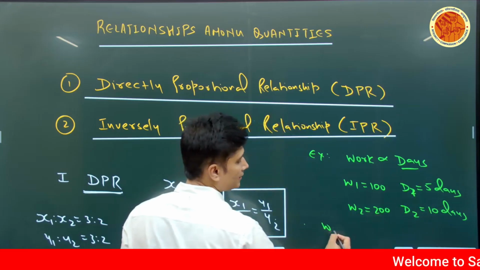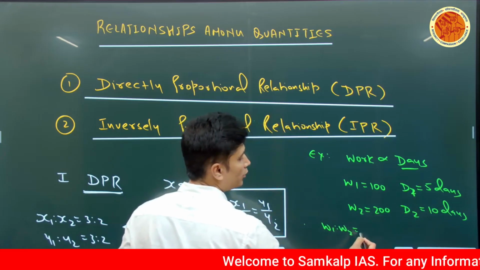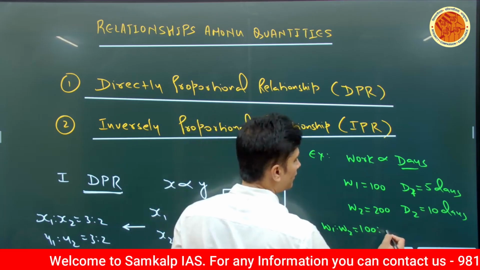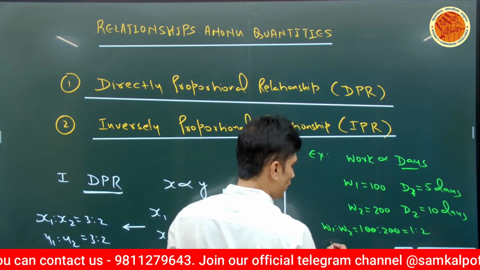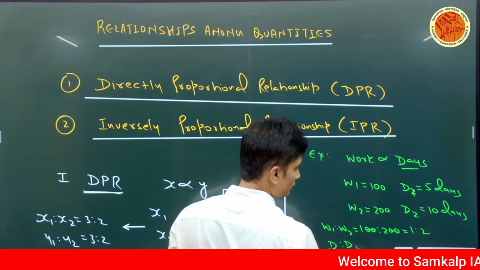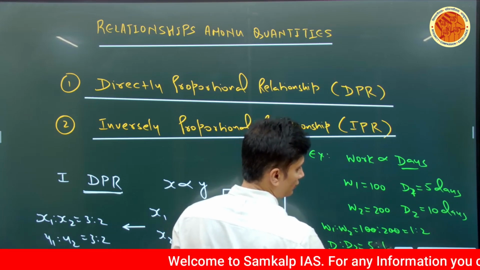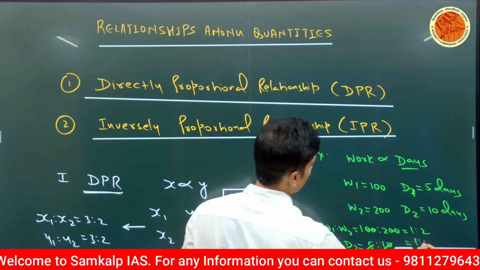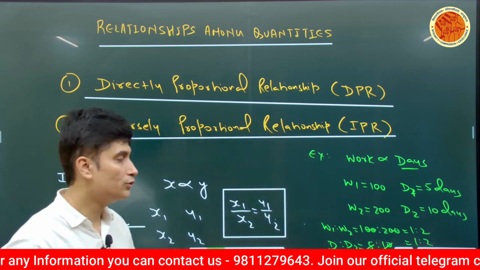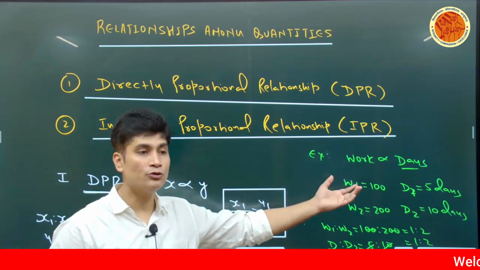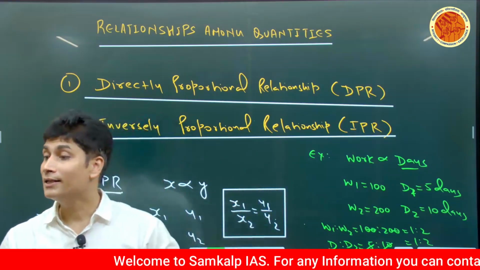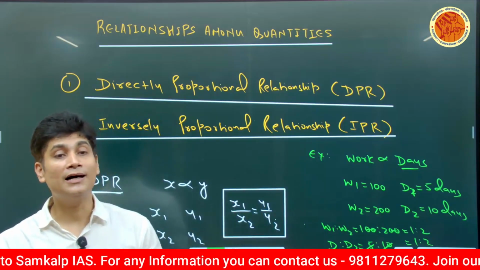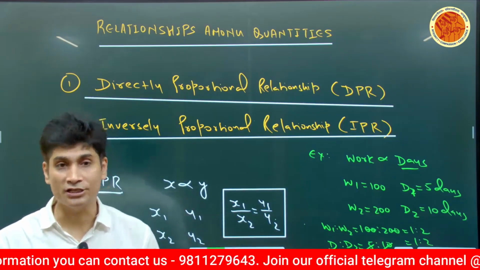So in that scenario, W1 to W2 is 100 to 200, so it is 1 is to 2, and D1 to D2 is 5 to 10, that is, yes, 1 is to 2. That's why we could see here that work is directly proportional to days. These quantities are in direct proportional relationship.